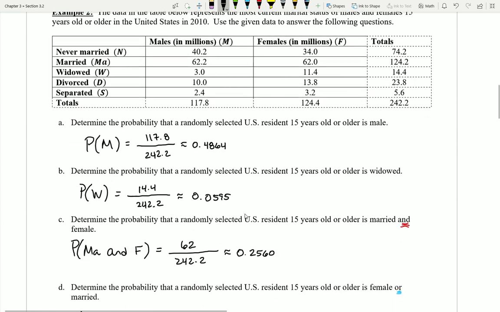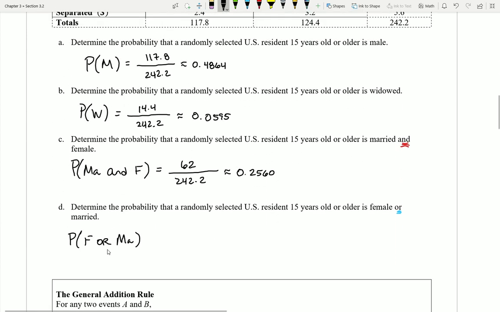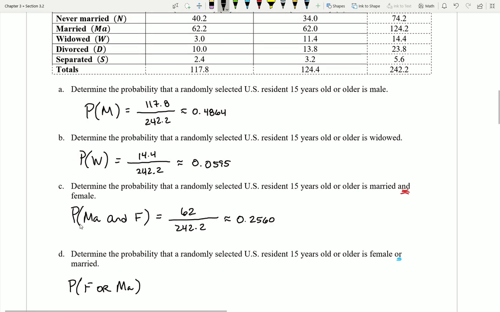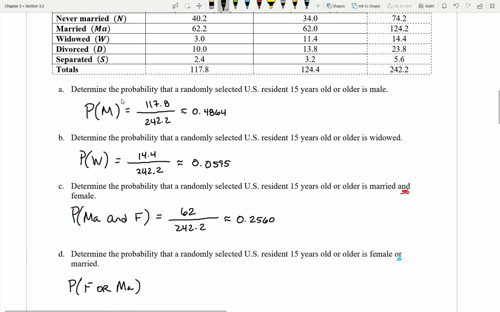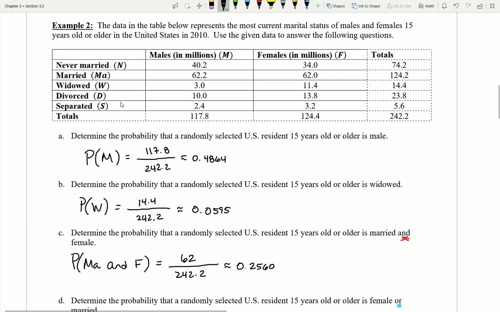But the question that we would have down here is, is it impossible to get someone who is a female and married at the same time? Is that impossible or is it possible? Well, we already kind of saw in part C that it's definitely possible. There are 62 million females who are married. So I cannot use that rule that I had up above. My events are not disjoint.